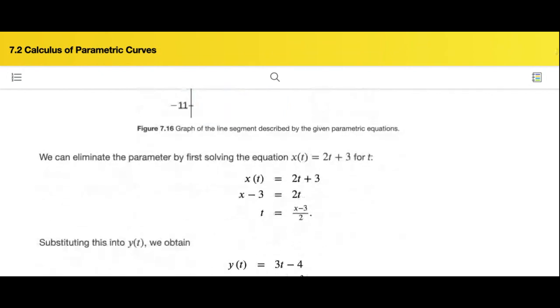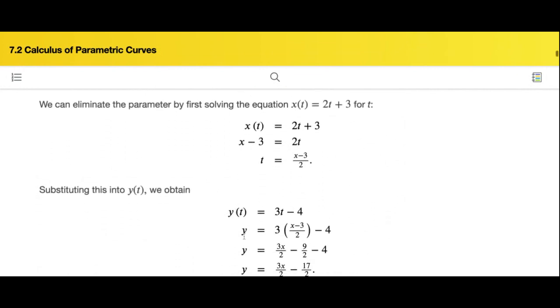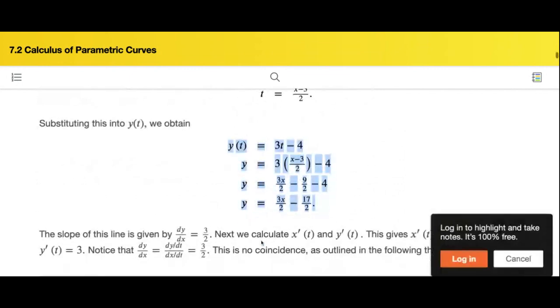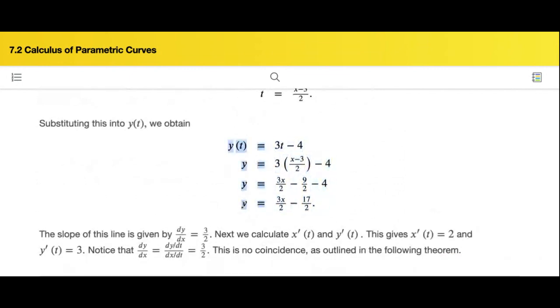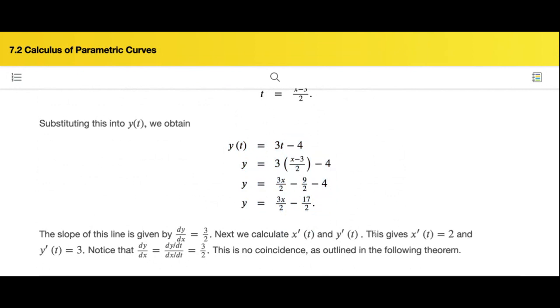From x of t, we can solve for t, then plug t into y. You see that's a linear function: y equals 3x divided by 2 minus 17 over 2.